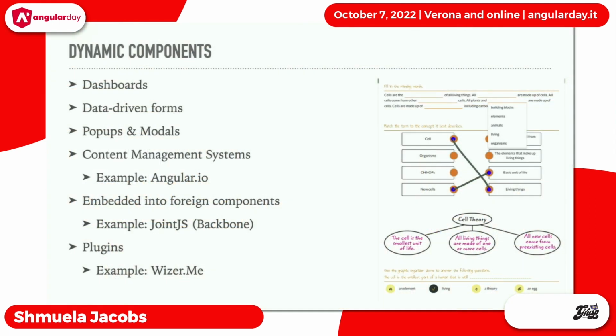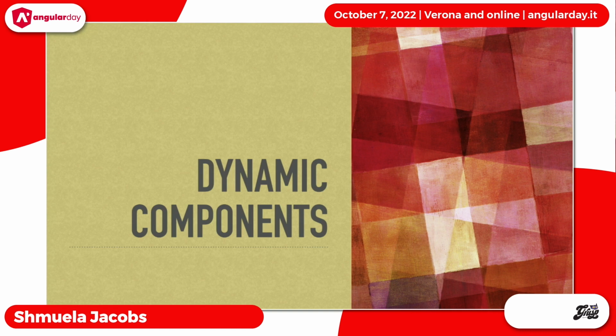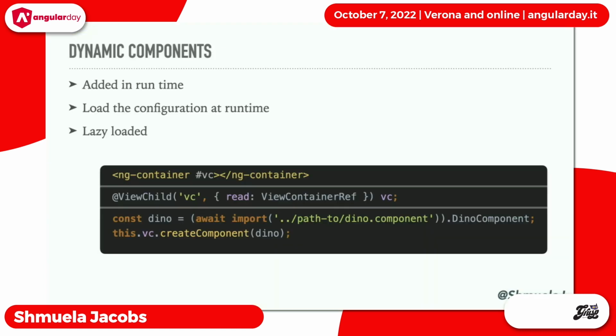So these are the main examples for dynamic components. And I want to go back. This is just a few little lines of code of how you achieve this.